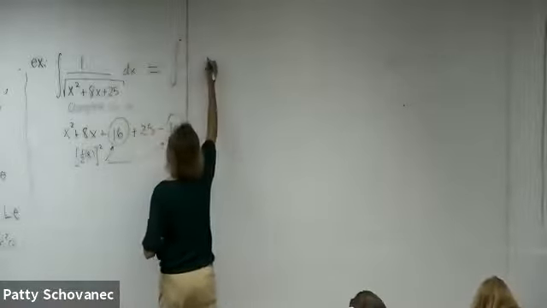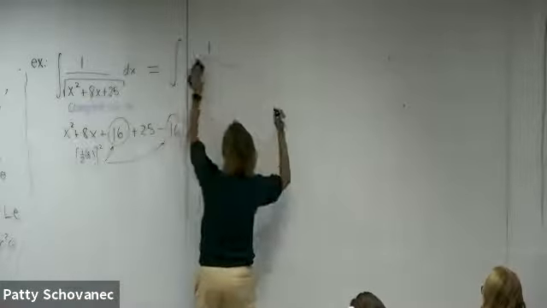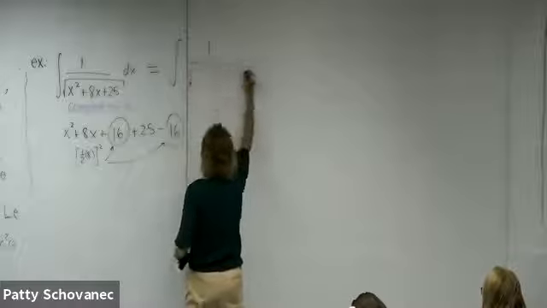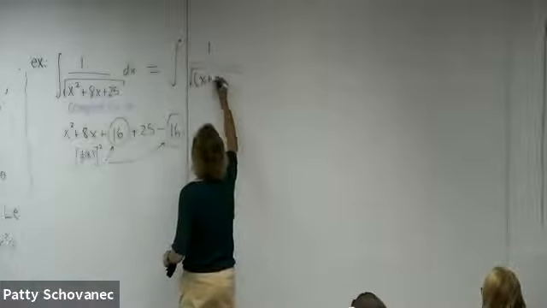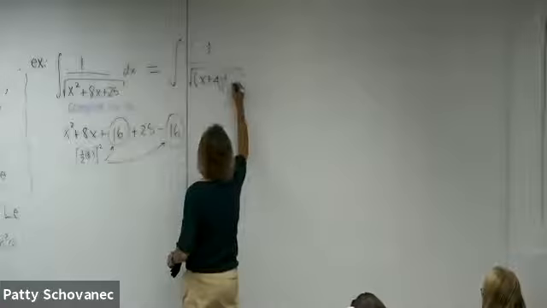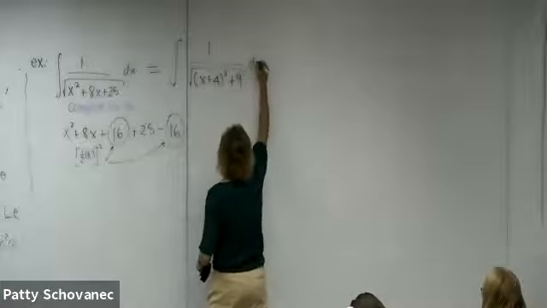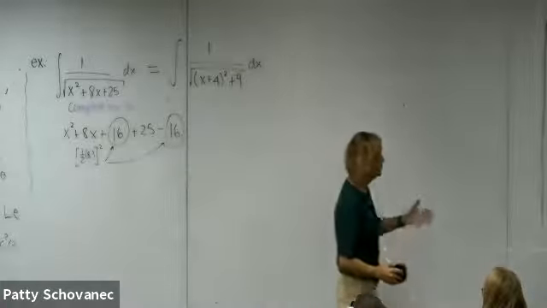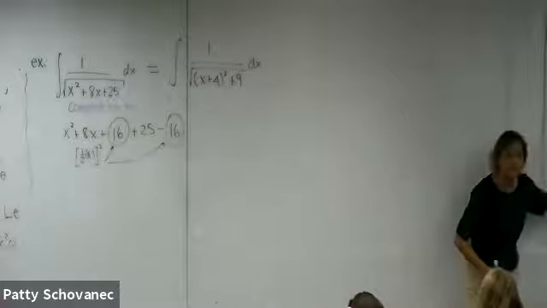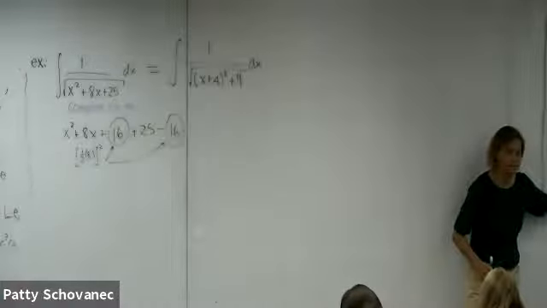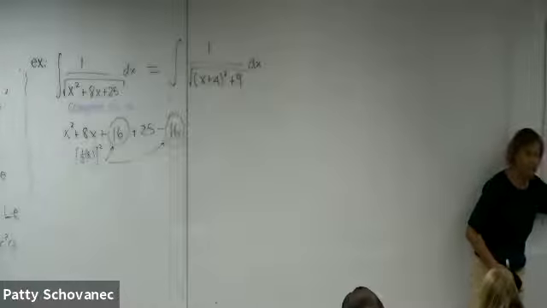Then we've got 1 over the square root of x plus 4 squared plus 9. And now it looks more like that one. You've got a plus sign between the terms. So if you wanted to formally change the x plus 4 to u and the dx to du, you can.